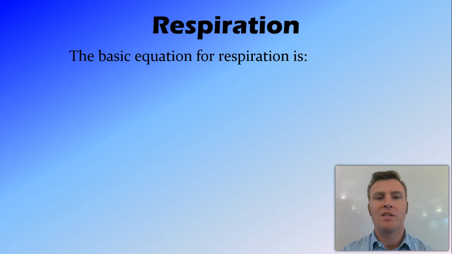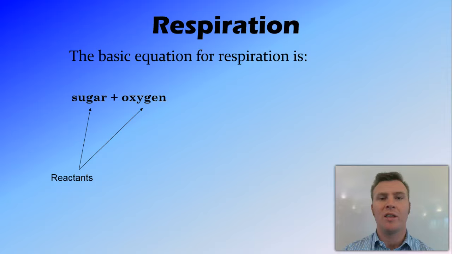Now, the basic equation for respiration is very similar but opposite to that for photosynthesis. So as you know, we need to breathe in oxygen, and we also need to eat. And in particular, what our body does is it breaks down the things we eat into sugars. So the reactants in this case are sugar and oxygen.